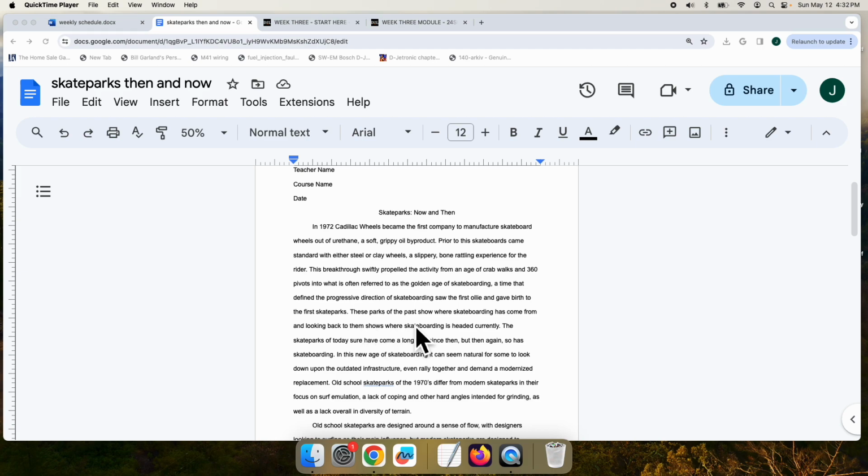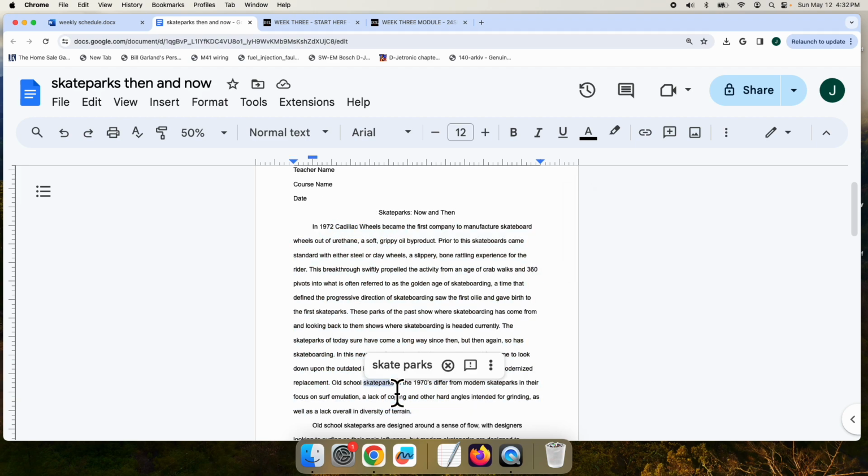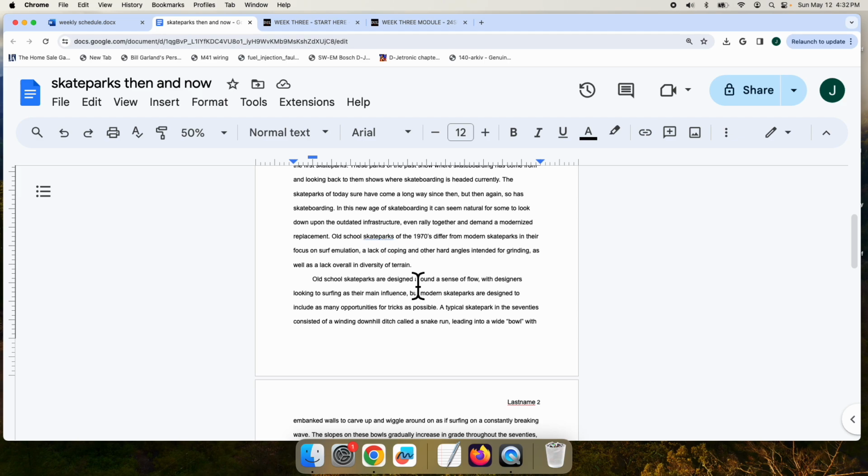So then, some other things we want to notice is what these paragraphs are called. The very first paragraph of any essay is going to be called the introduction. This paragraph's job is just to warm readers up for what the paper is going to be all about. After the introduction, the following paragraphs are called the body.